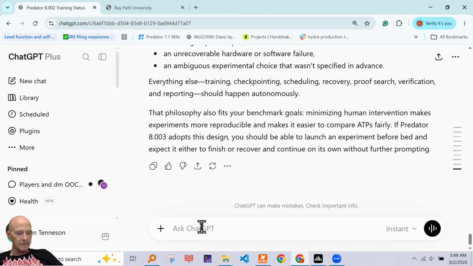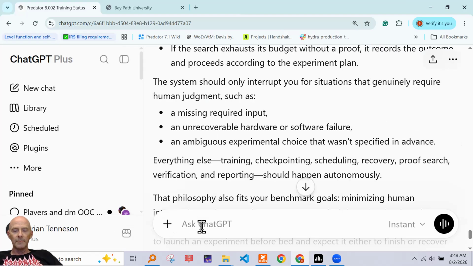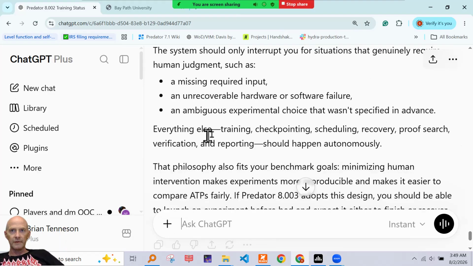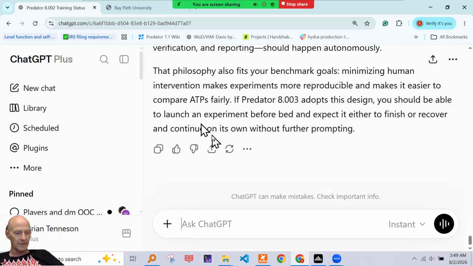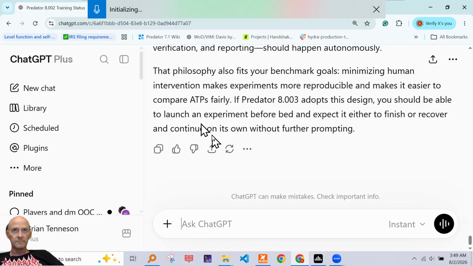Okay, so cool. All right, I don't know if you guys can read all that, but it's asking me if I want to go to one prompt for the next version of Predator. Yes, and I do. So I'm going to say yes, I do.